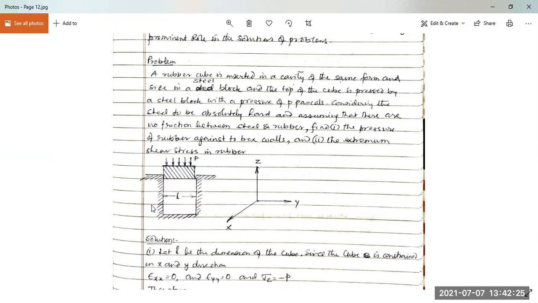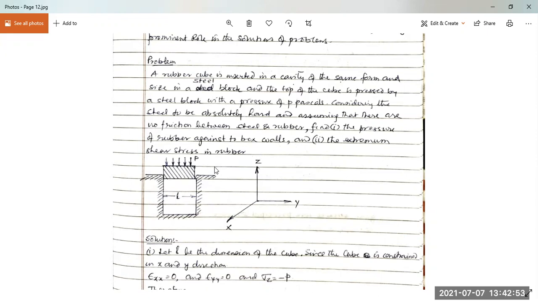So what is given? This is a steel block with a cavity, where we are pushing a rubber block by means of the external force P. The top of the cube is pressed by the external force of P pascals. The steel is absolutely rigid, meaning it does not deflect at all, and there is no friction between them.